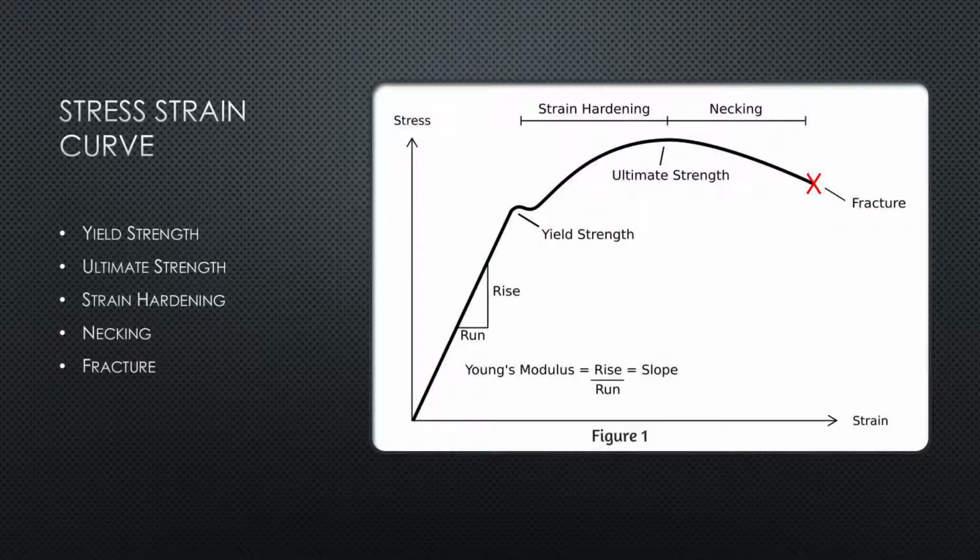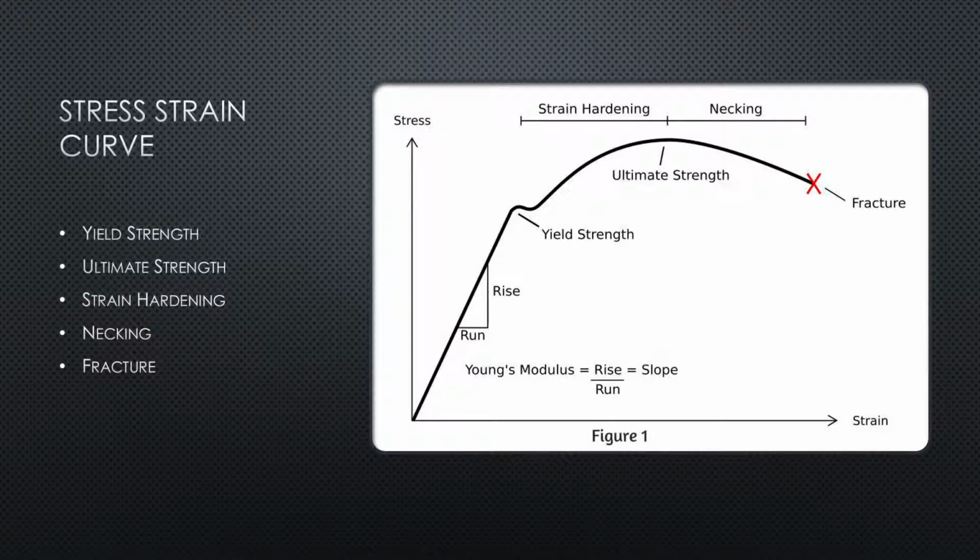First, we need to know about the stress-strain curve. In the stress-strain curve, there are some points that we really need to know. Like the first one is the yield strength.